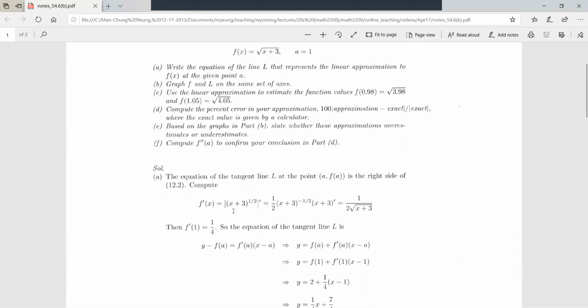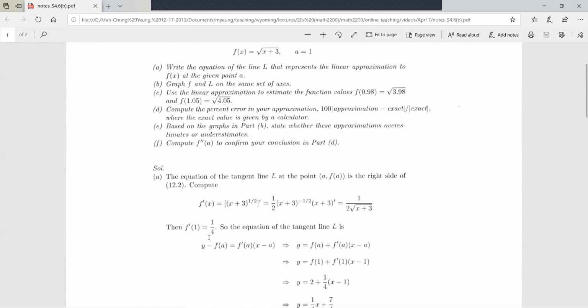In power form, it is x plus 3 to the 1/2. Now, take the derivative of this function by the chain rule. So I get the result here. The derivative of x plus 3 is 1. For the derivative at 1, plug in 1 for x, then I get 1/4. This is the slope of the tangent line at 1.